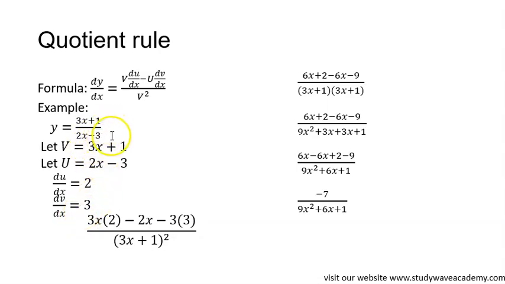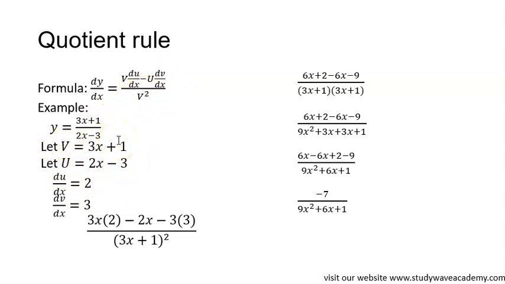X raised to the power 1 minus 1, which is 0. X raised to the power 0 is 1. 3 times 1 is 3. So du over dx we have 2, and dv over dx we have 3. So in this formula we have everything we need, right? V we have, u we have, du over dx we have, dv over dx we have. V squared is this squared.